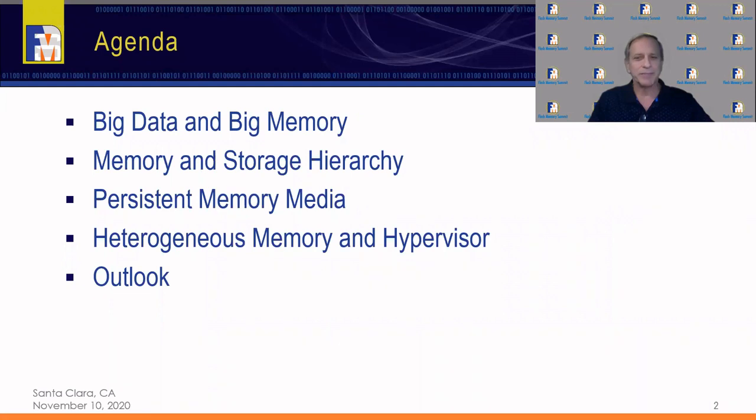We'll start this update by establishing what we mean by big data and big memory. We'll see why there are always tiers of memory and of storage. We'll touch on persistent media, recognizing that the clear leader is Intel's Optane. Then we will identify the gaps that exist in managing a heterogeneous memory architecture, gaps that are holding back performance.